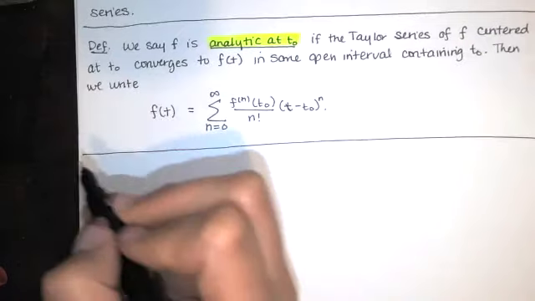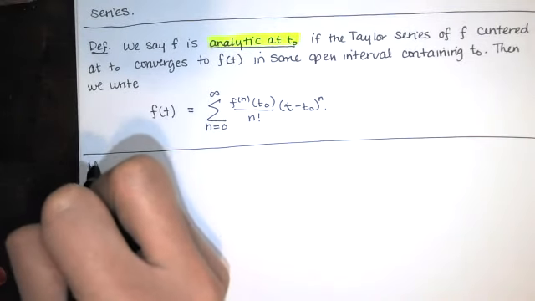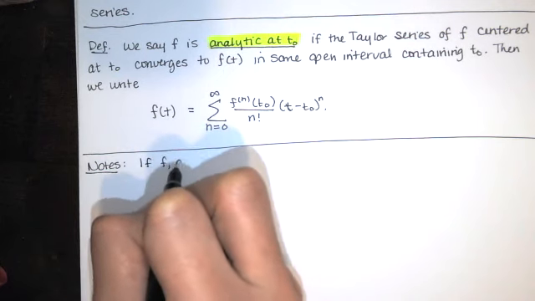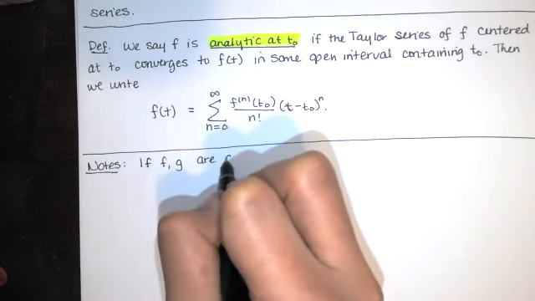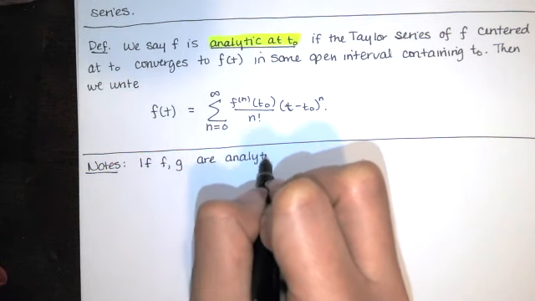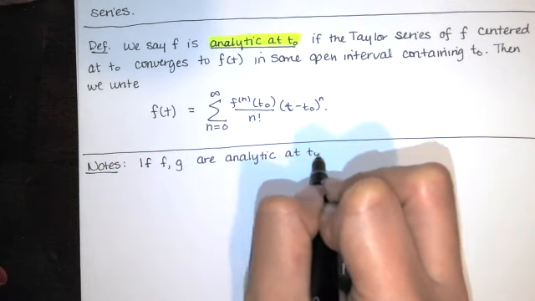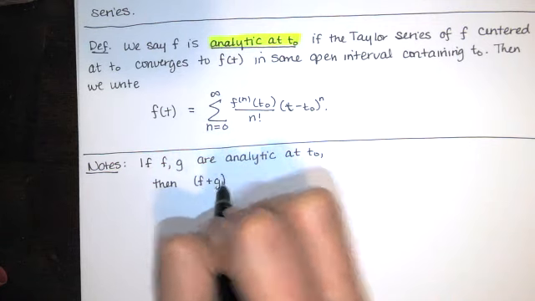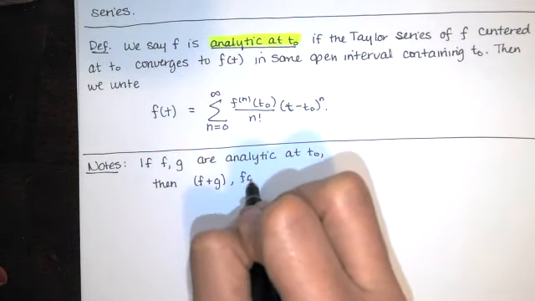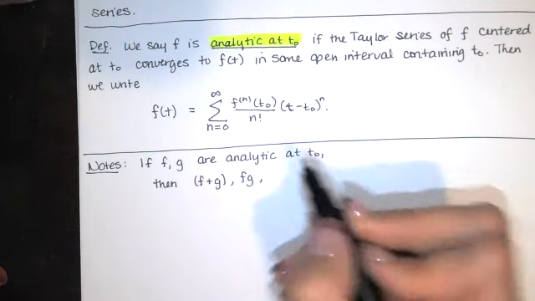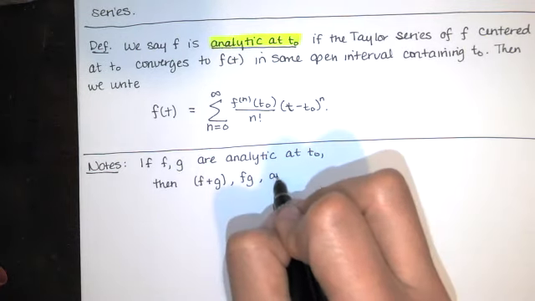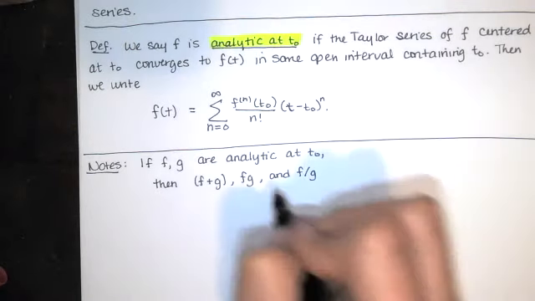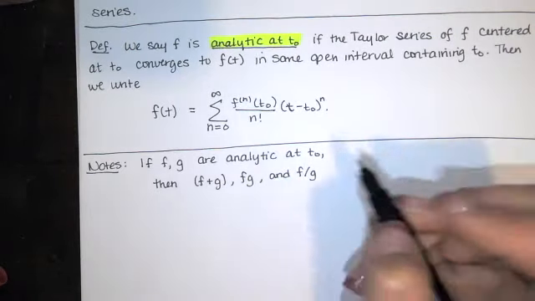Okay, some more notes. If f and g are analytic at t naught, then f plus g is analytic at t naught, f times g is analytic at t naught, and f over g is analytic at t naught as long as the denominator is non-zero.